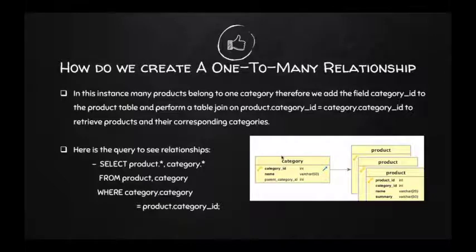So in this instance, many products belong to one category, therefore we add the field category ID to the products table and perform a table join on product.category_ID equals category.category_ID to retrieve products and their corresponding categories. The query for that is similar to the previous one, although this time we're pulling it by category ID.